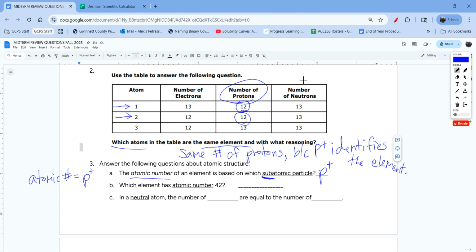Which element has atomic number 42? You look on your periodic table, find 42. I'm not even going to try to say that element, but I know the symbol's Mo. In a neutral atom, so neutral, that's how you see it on the periodic table, the number of protons is equal to the number of electrons.